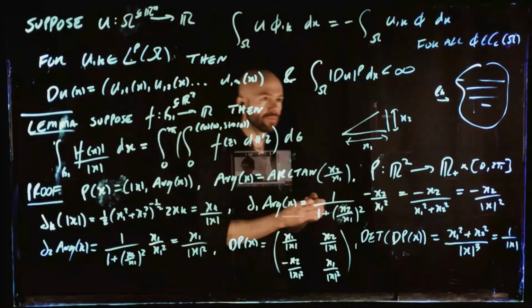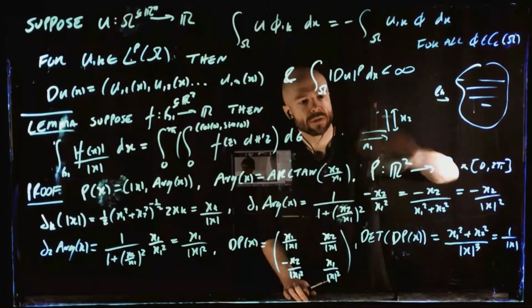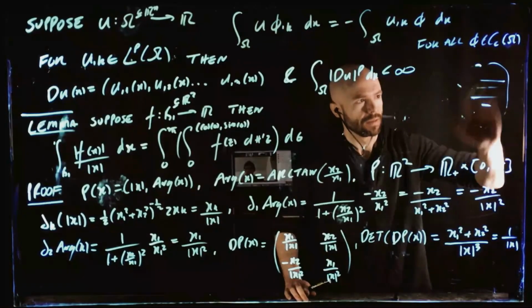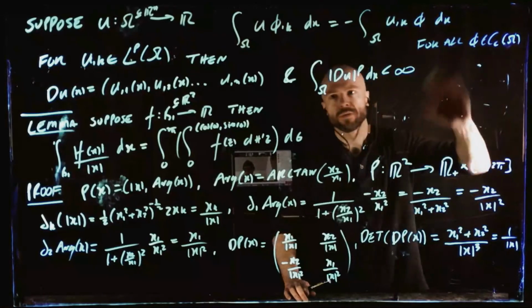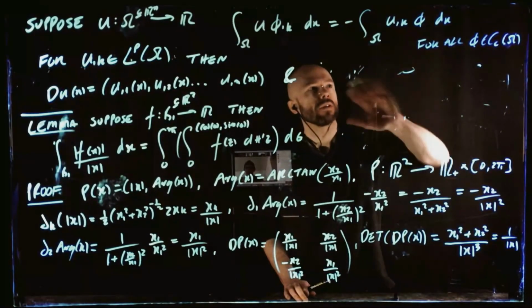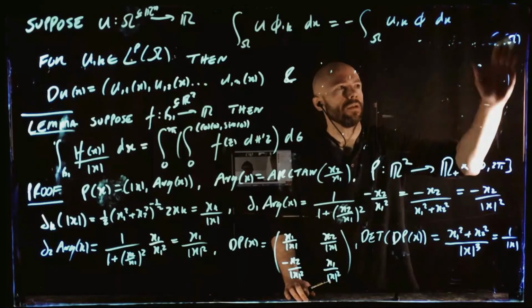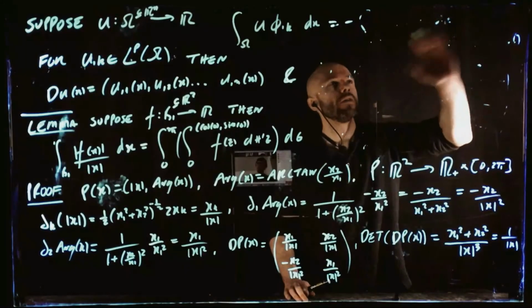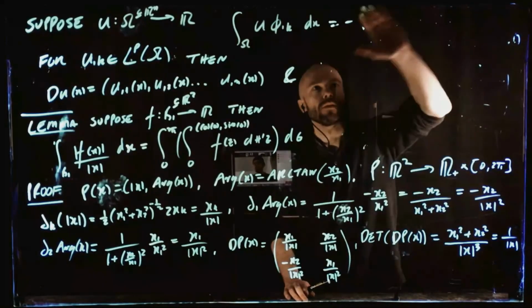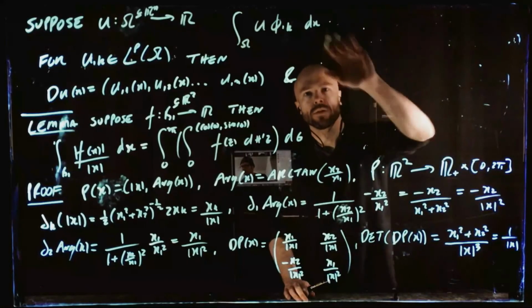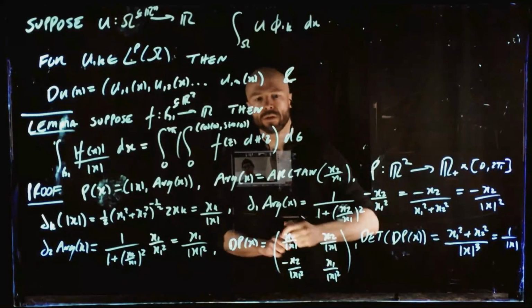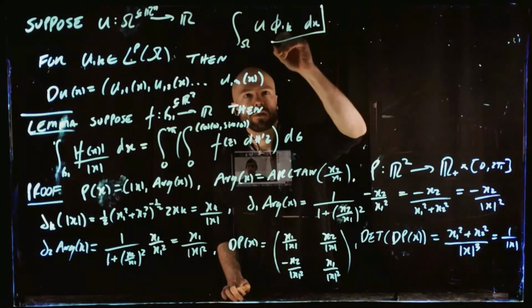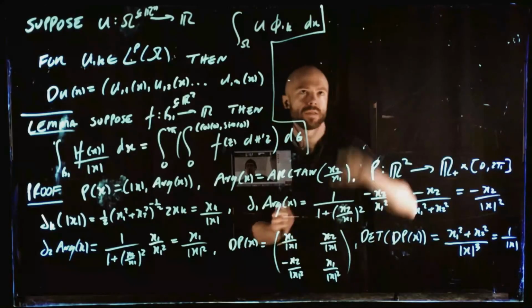So that gives us the Jacobian of this transformation. So, let's just use that.